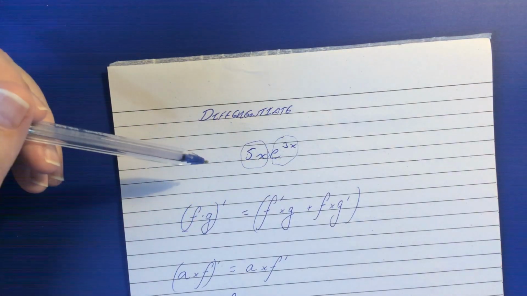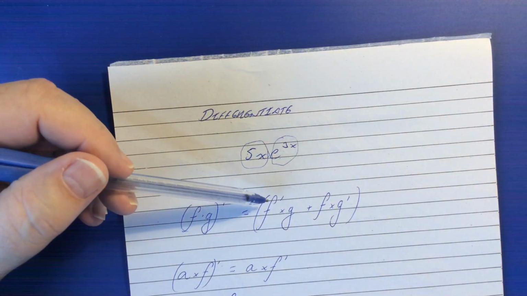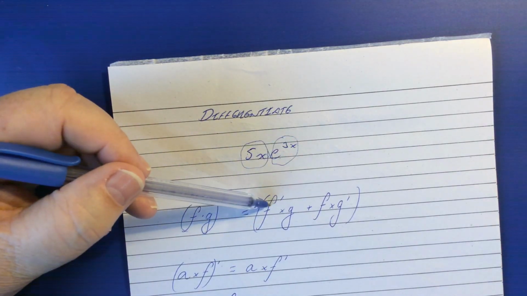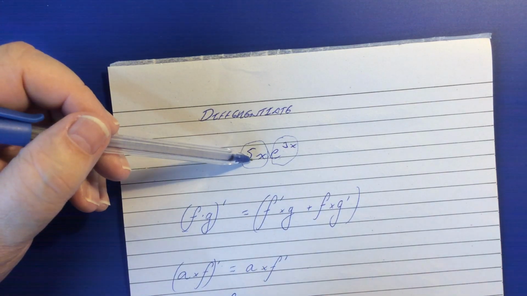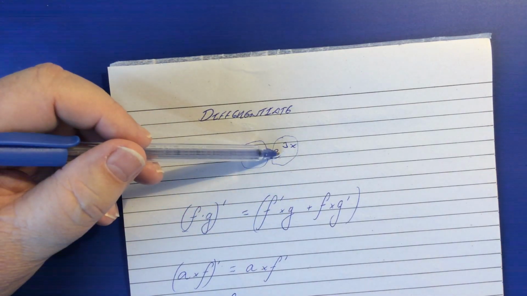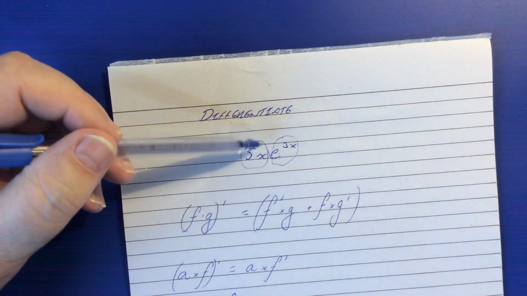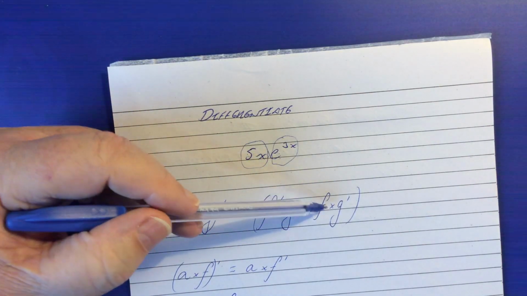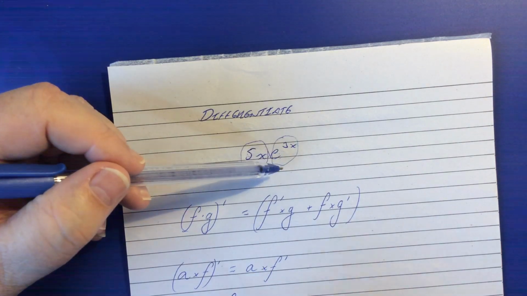And so what happens is that the differential of this entire expression is equal to the differential of f, or u, times g plus f, or u, times the differential of g, or v.